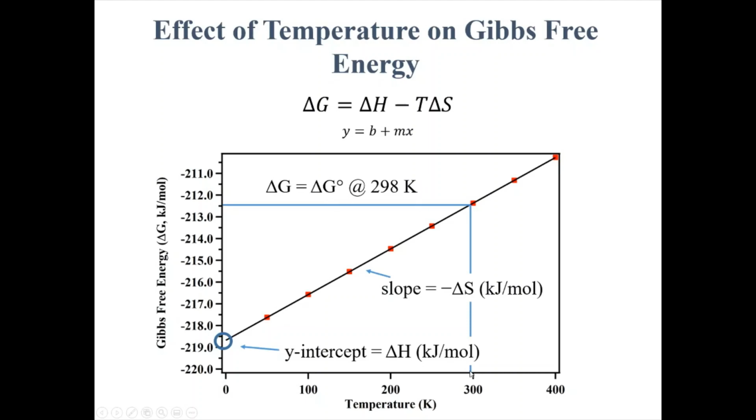So what we can do then is at 298 Kelvin, we can go in and look and see what the delta G at 298 Kelvin is. And whatever the delta G that we read off here, that delta G is going to be equal to delta G naught at 298 Kelvin. So these are the 3 things that we need to get from our graph today that we're going to make.